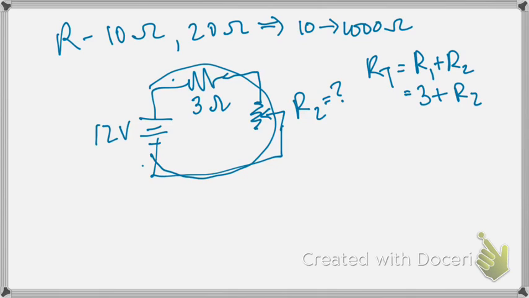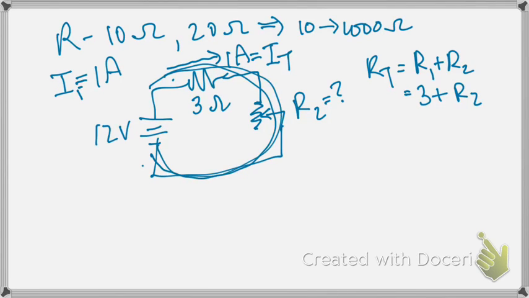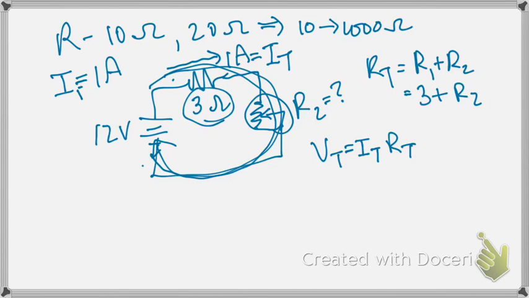Now, we want I to be 1 amp through R1. We could call it I1, but in reality, it's I total, because there's just one loop. Whatever the current going through here is the same as the current going through here. So if we look at V total equals I total times R total, we're just going to keep reusing Ohm's law.